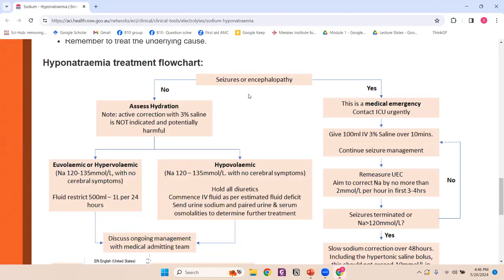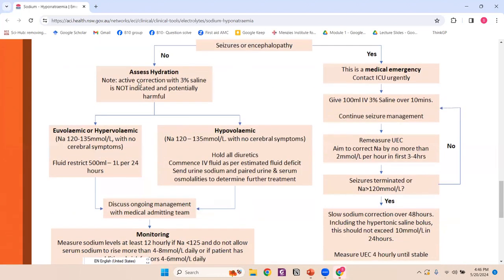So I told you, with hyponatremia you ask two main questions. One is whether there are symptoms. If there are no symptoms, the next question is the volume status. You have to assess the hydration. If there are no symptoms, you are not going to correct it with 3% saline because it is harmful. Only if it is symptomatic are you going with 3% saline. If it is not symptomatic, you are checking whether it is hypovolemic or euvolemic.